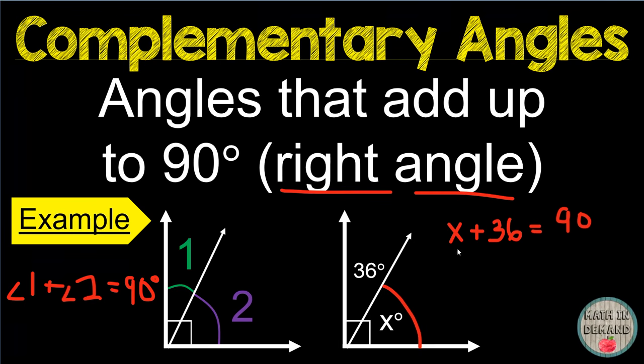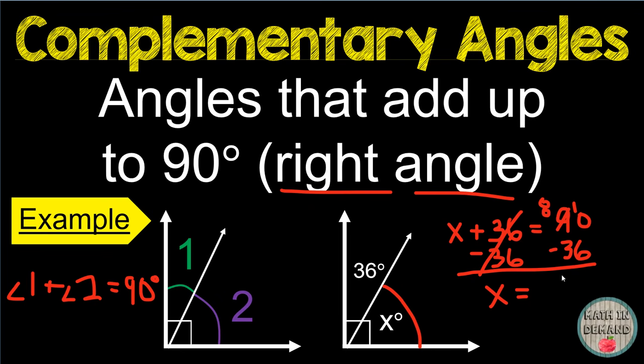I can go ahead and solve for x by subtracting 36 on both sides. Whatever you do on one side, make sure that you also do on the other side of the equation. Here, positive 36 and negative 36 cancel because they equal 0. X equals 90 minus 36. Well, I know I need to borrow.